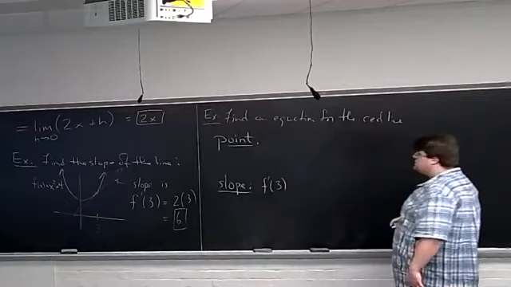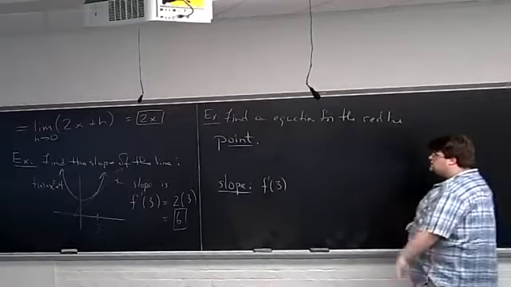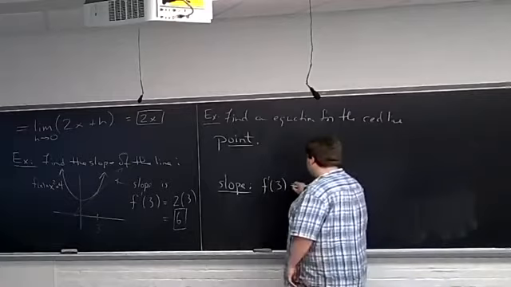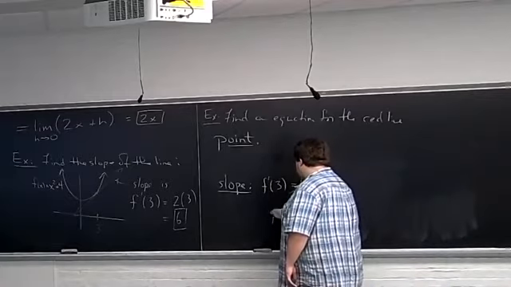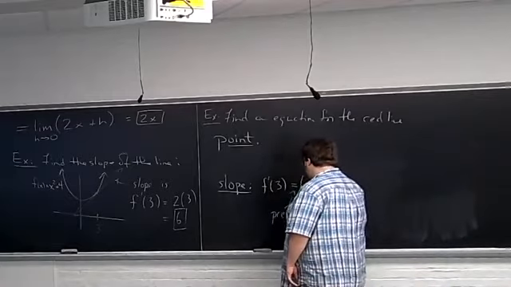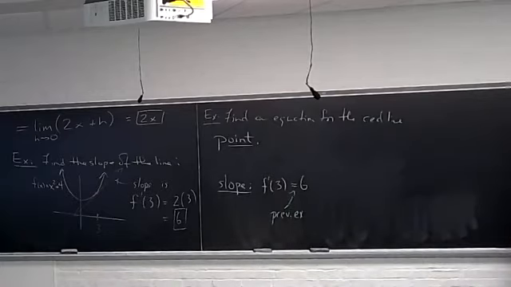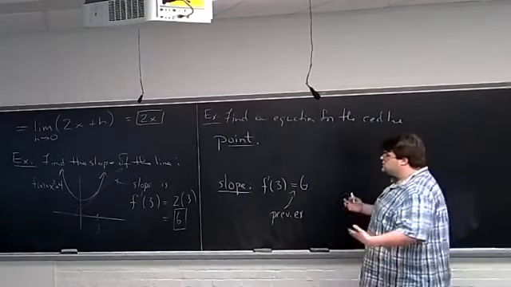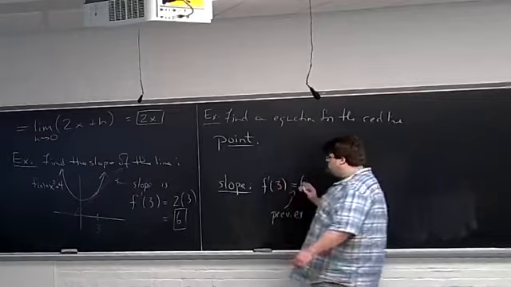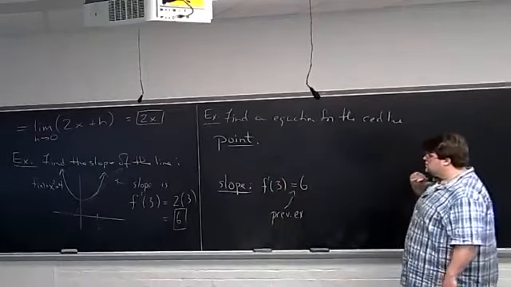Find the equation for the red line. That's the tangent line when x equals 3. f prime at 3 equals 6, and then I'll just say previous example, since we did that. We need a point and a slope. So here's the slope. Any questions about slope?